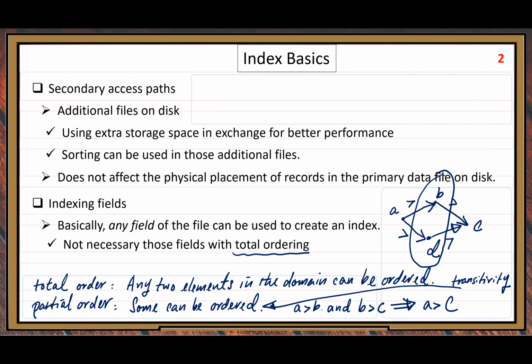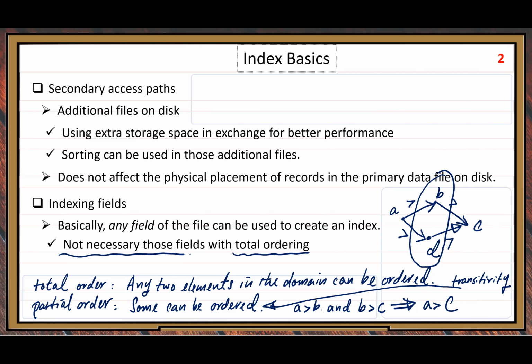That could happen. But here, the indexing fields are not necessarily fields with total order. If a field has total order, no problem. You can apply comparison, you can get it sorted. But think about this special case.